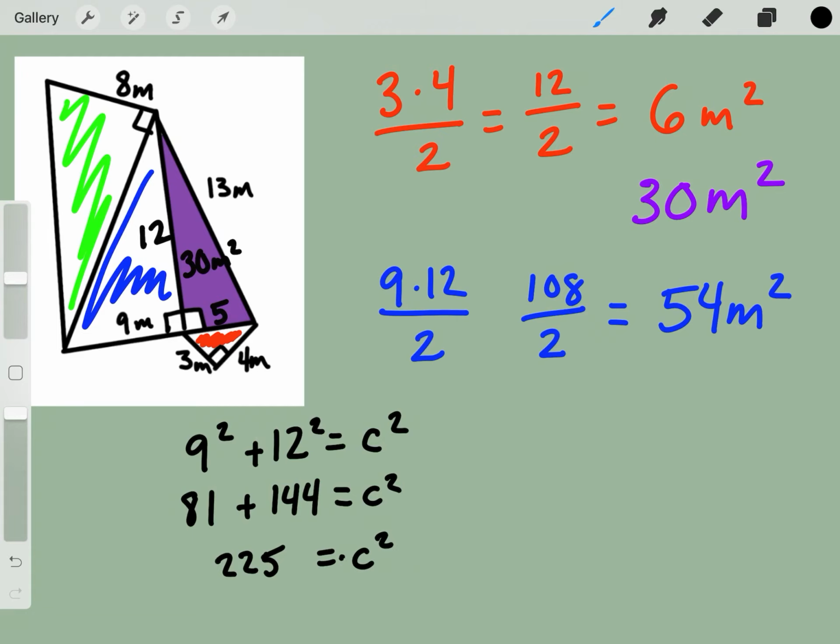When you find the square root of both sides, you get 15 equals c. So that missing piece we had here was 15 meters.